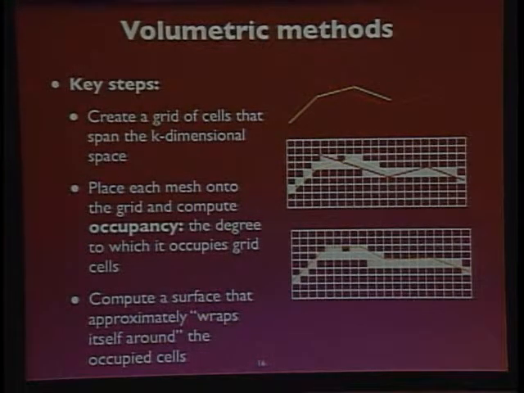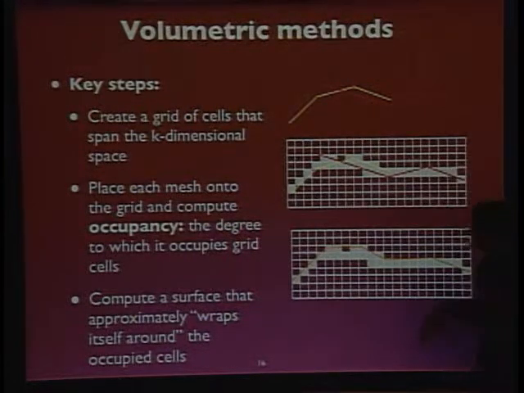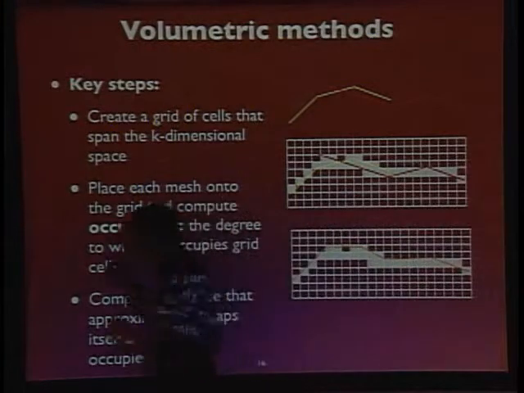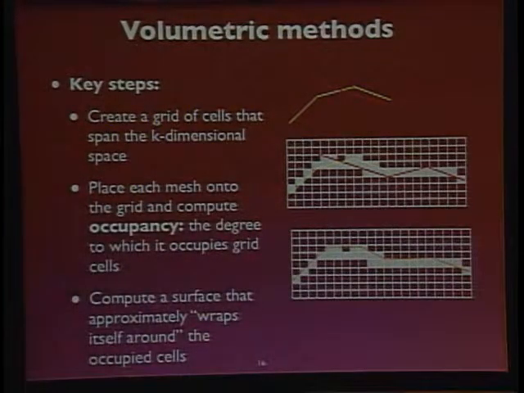And all you're going to do by taking more scans is getting a more refined estimate of whether or not any individual grid cell is occupied or not. So then you throw your original meshes in here, you compute occupancy, and then the next part is to compute a surface that approximately wraps itself around the set of occupied cells in some sense.